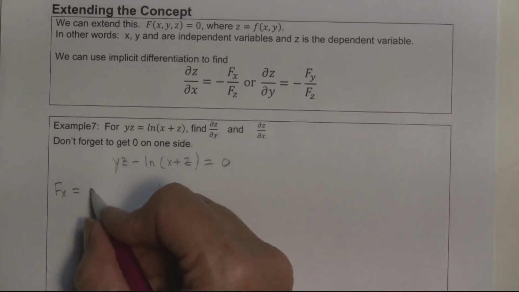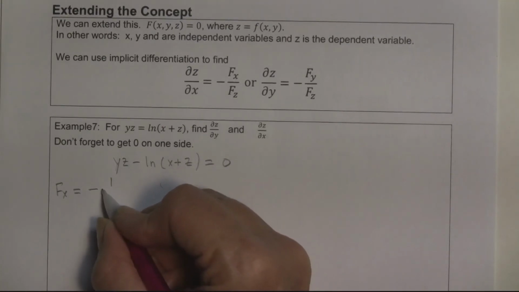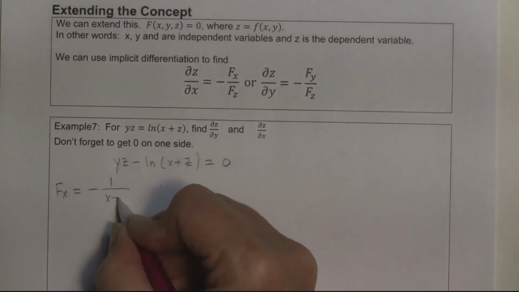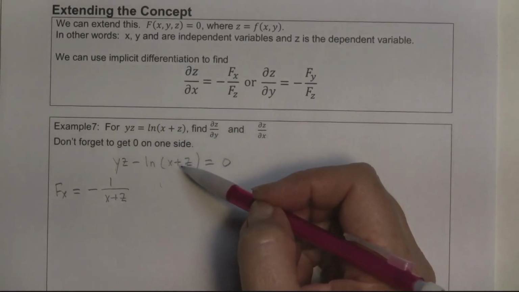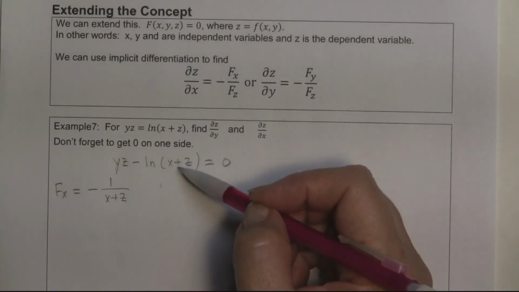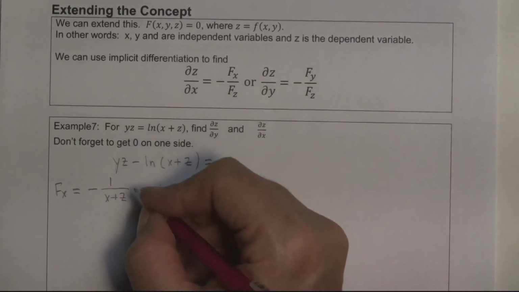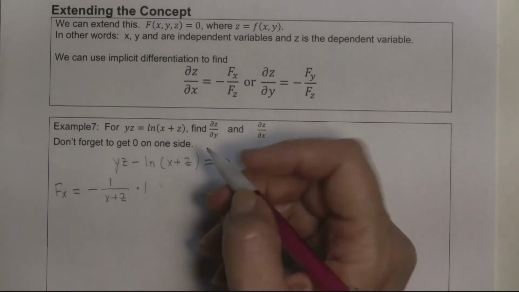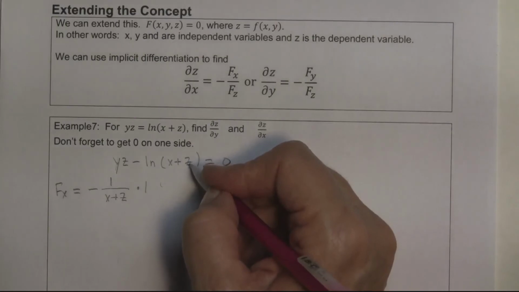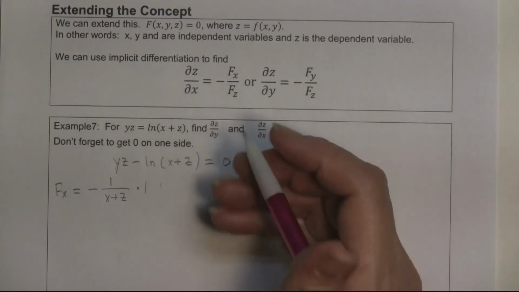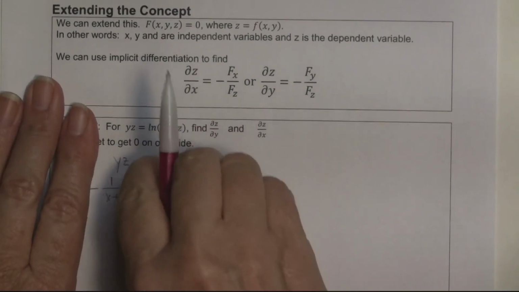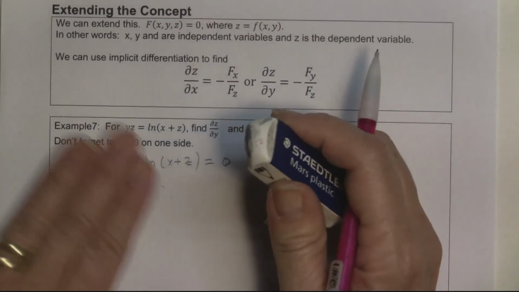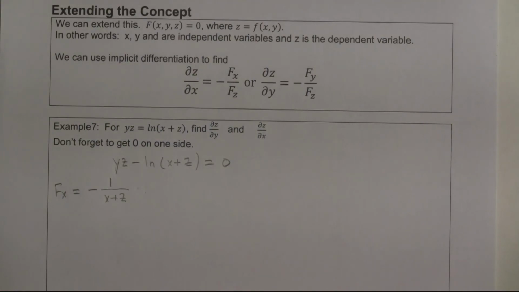So I have 1 over negative, because it's negative, 1 over x plus z. And then you need to take the derivative with respect to x of the inside here, which is 1. So times 1, right? And the derivative of z is 0. So that is our derivative here. I'm just going to erase the 1 and not write it again.